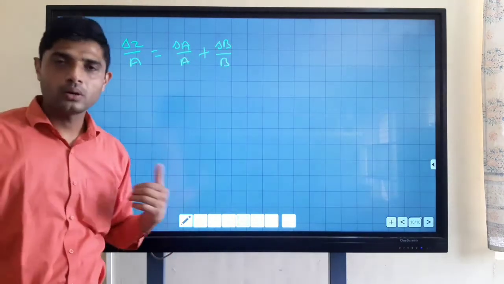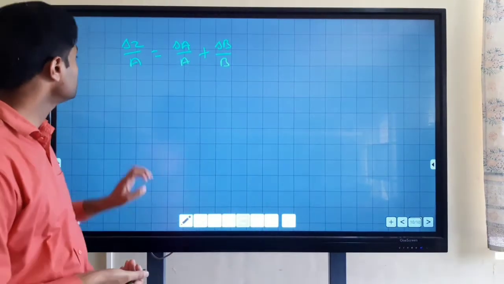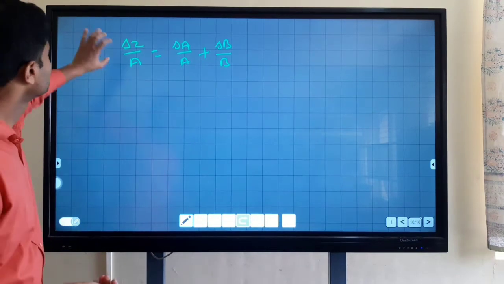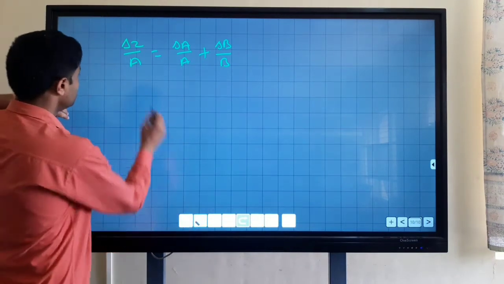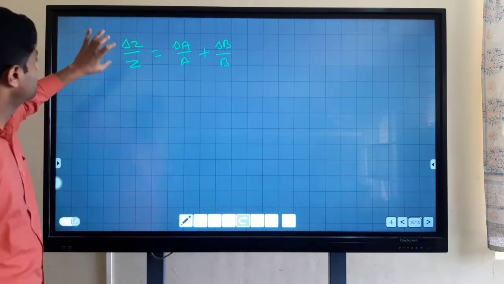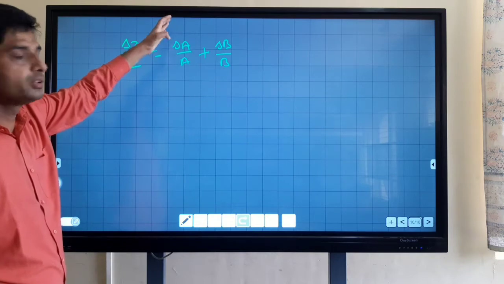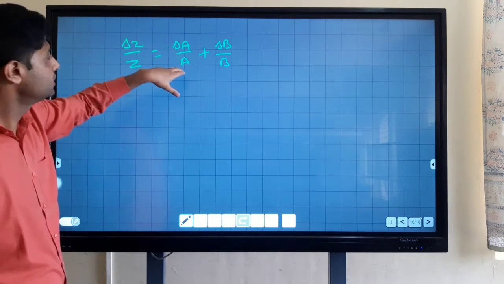So the error in the product of two physical quantities is equal to the fraction of absolute error with true value.